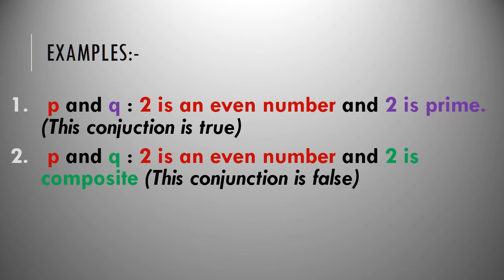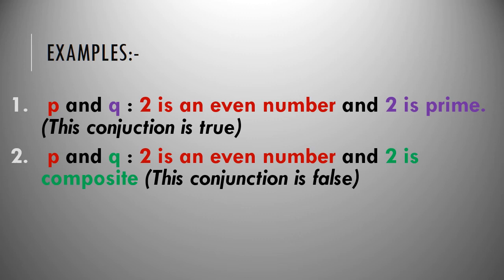Now this is a false statement. In this resultant statement, 2 is an even number and 2 is composite. This AND claims both statements must be true for the whole thing to be true. So again, this half part is creating a problem. When one of the statements is false, the resultant statement will be false.